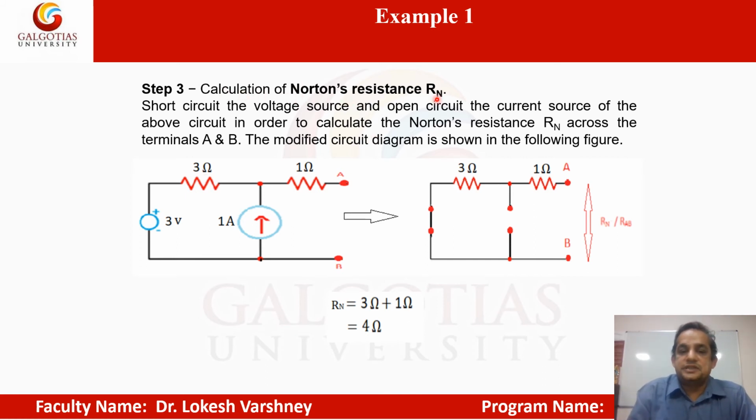Calculation of Norton resistance RN. Short circuit the voltage source and open circuit the current source, which I have said earlier. All sources are converted into their internal resistance, in order to calculate the Norton resistance RN across the terminals A and B. Always remember, we are not short circuiting A and B when calculating Norton resistance.